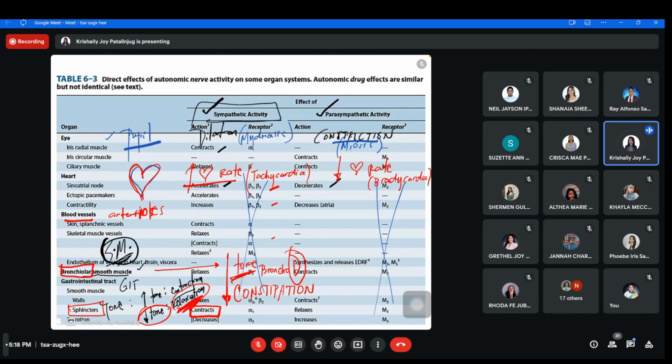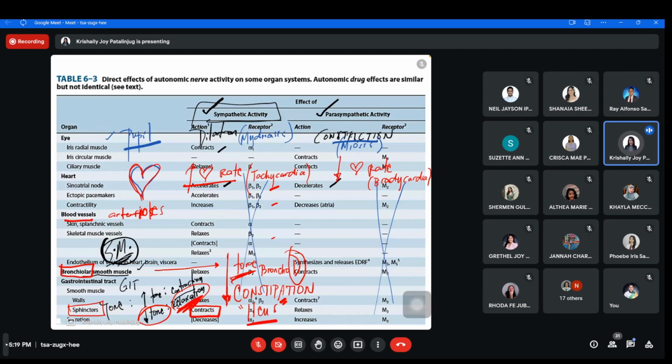Okay? The parasympathetic is the opposite. By the way, regarding constipation, as the overall or ultimate effect, you can relate the term ileus. Okay, ileus.